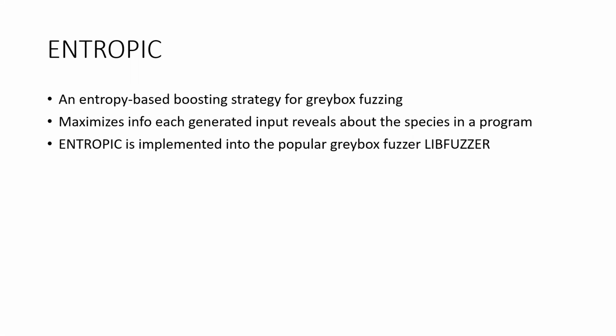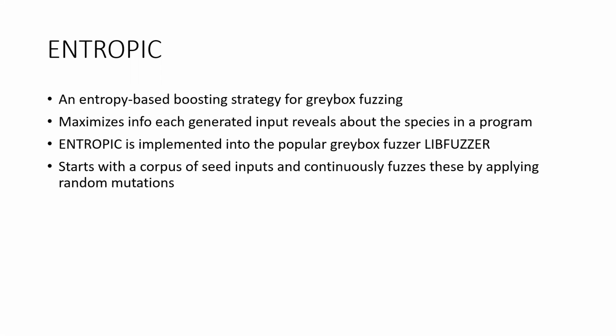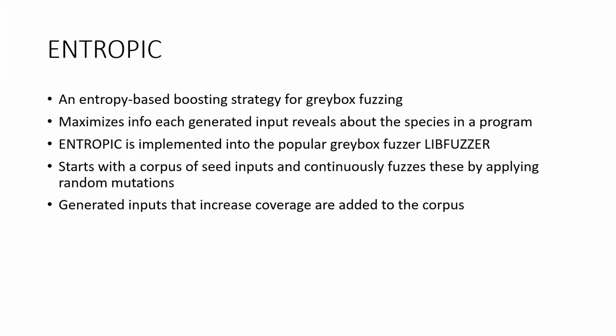Entropic is implemented into the popular gray box fuzzer LibFuzzer. It starts with a corpus of initial inputs, as LibFuzzer originally does, and continuously fuzzes these inputs by applying random mutations. Whenever a generated input increases coverage, it is added into the seed corpus.